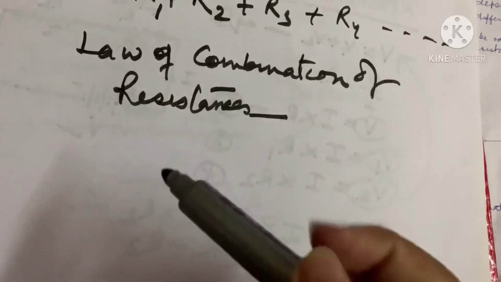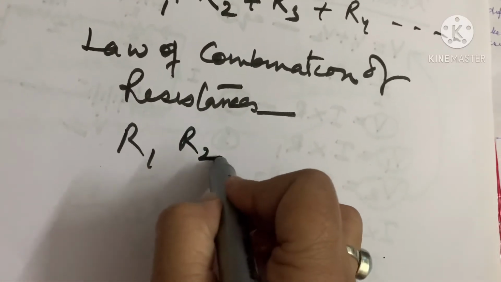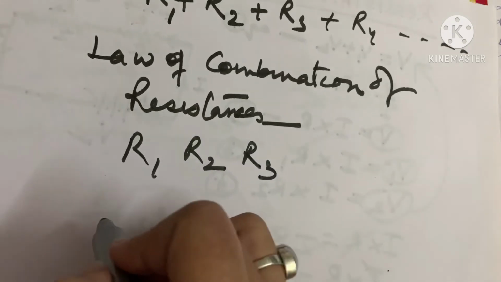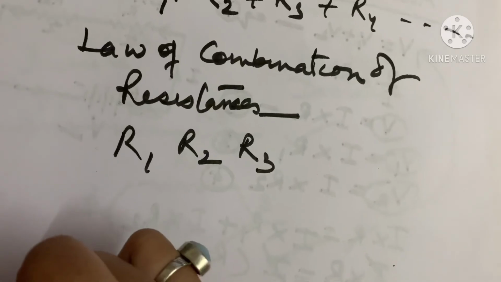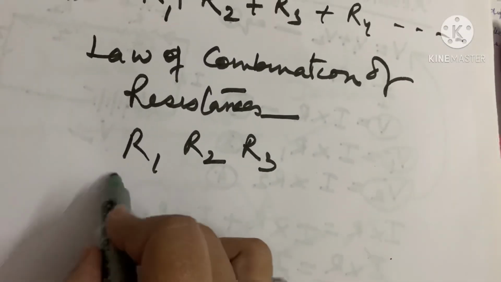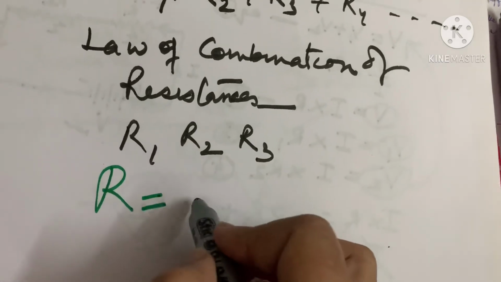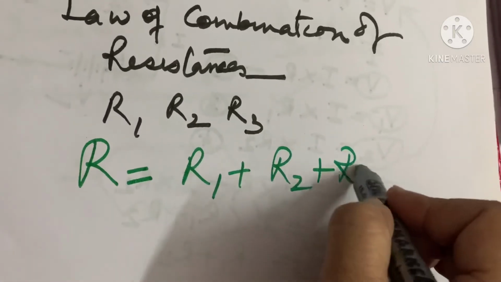If the resistances R1, R2, R3 are connected in series, then their combined resistance R will be given by R1 plus R2 plus R3.